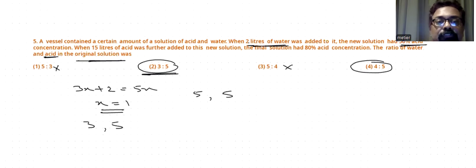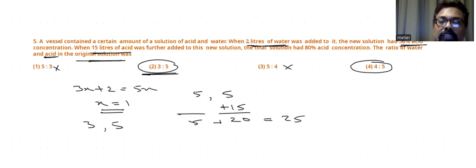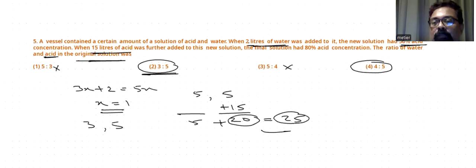After that, we have added 15 liter acid. Now acid will become 20, water remains 5, total is 25. Now 20 out of 25 is nothing but 80%. And it is given that in the new solution, it is 80% acid.